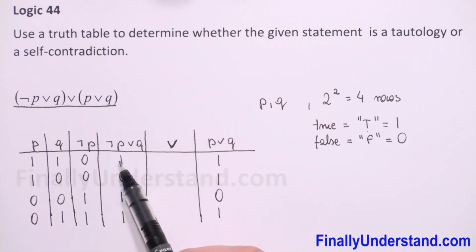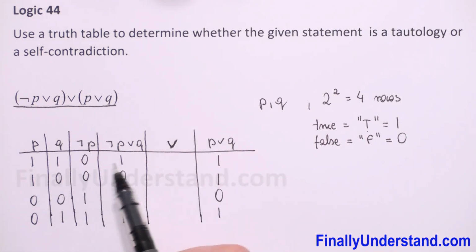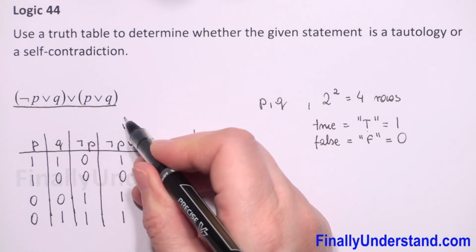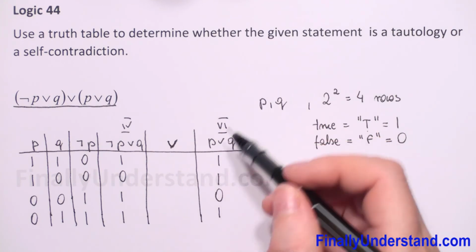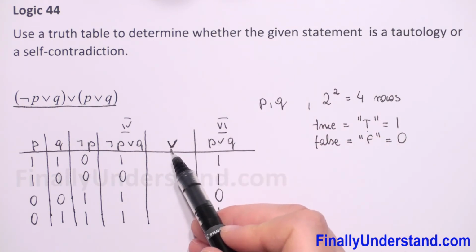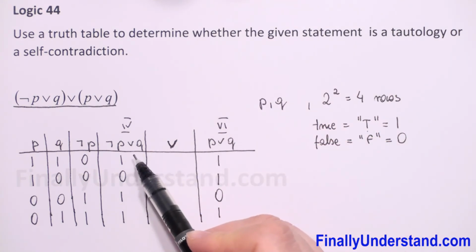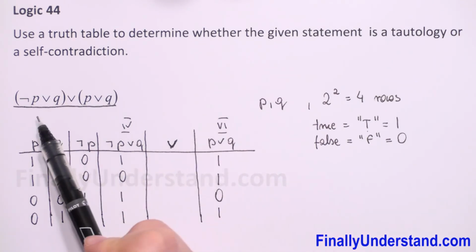Now between the fourth column and the sixth column we have the symbol or, so we have a disjunction between these two statements.